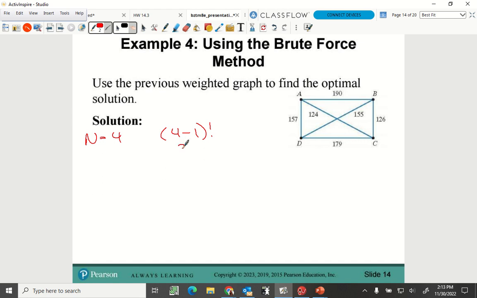So that's 3 factorial, which is 3 times 2 times 1, which gives me 6. There's 6 different possibilities. I don't get it. Why do you have to make it factorial? From the formula.